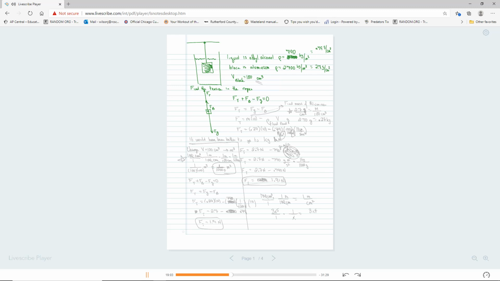That's our quickie math piece. And I'm looking for force tension. So force tension will be force gravity minus force buoyant. And now we're ready to work our problem.